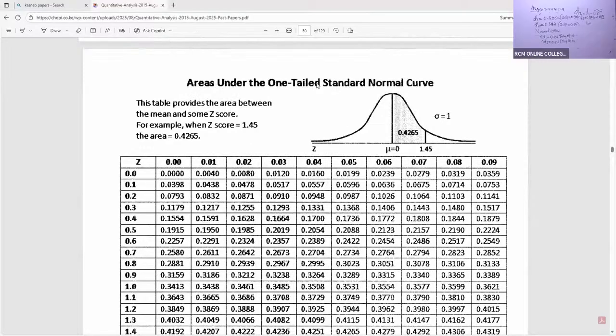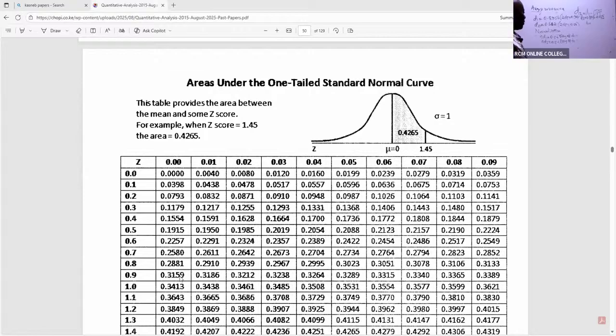There is this normal table, you can see it here: one tail, standard normal curve. So we start with D1. D1, ladies and gentlemen, is 0.90. So 0.90 is here. You can see the entry is 0.3159.